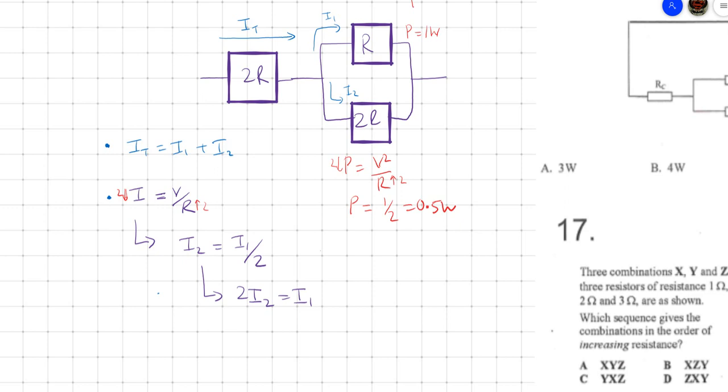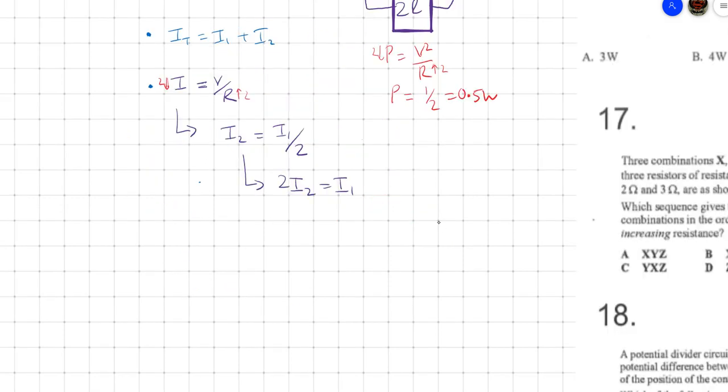So let me use the blue one again. The total current in the circuit is I1 plus I2, and we know that I1 is 2I2, so 2I2 plus I2 is 3I2.